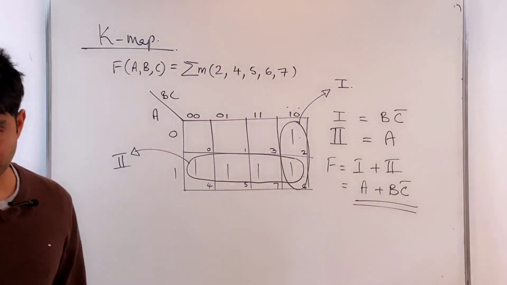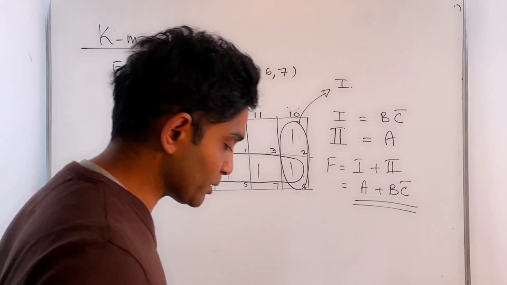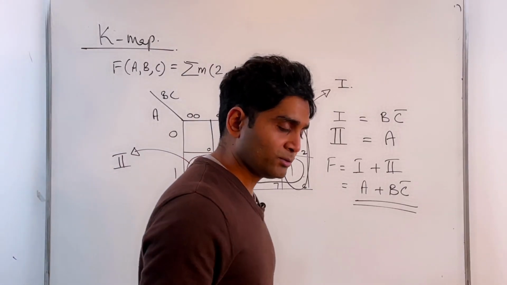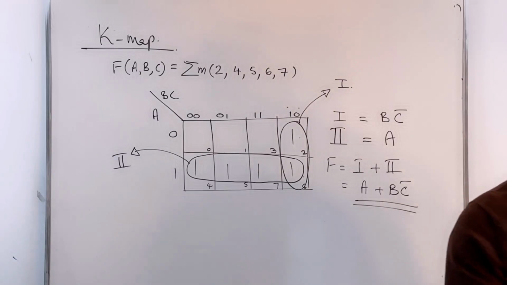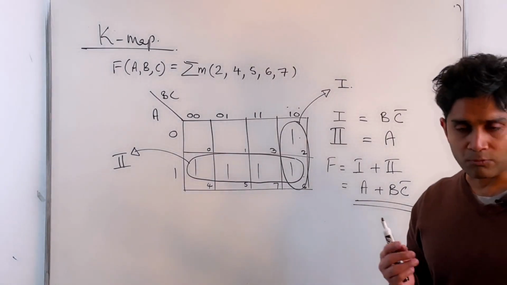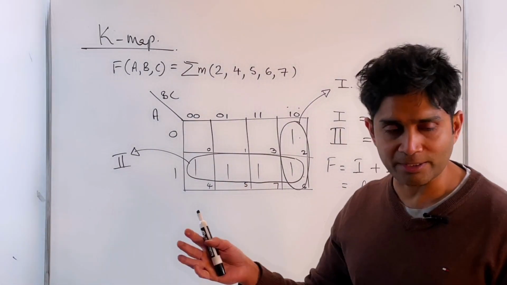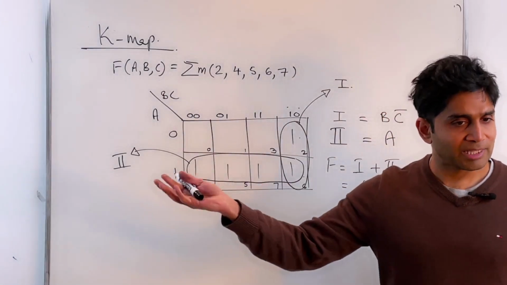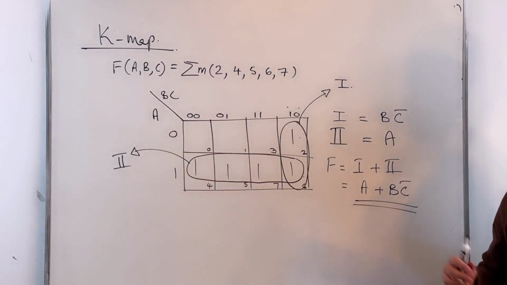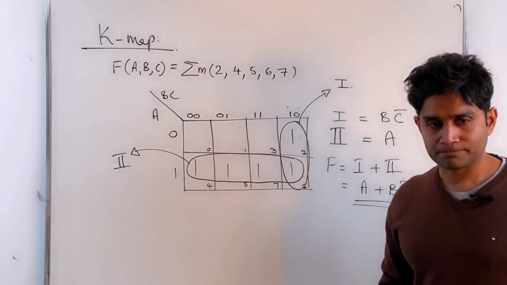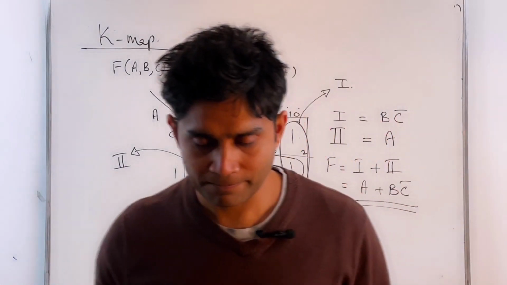No need for algebra. I can just read out the product terms directly, just looking at what is changing and what doesn't change when I go from one adjacent cell to the next in a combination, keeping the ones that do not change and obtaining the product term. Okay. As simple as that.